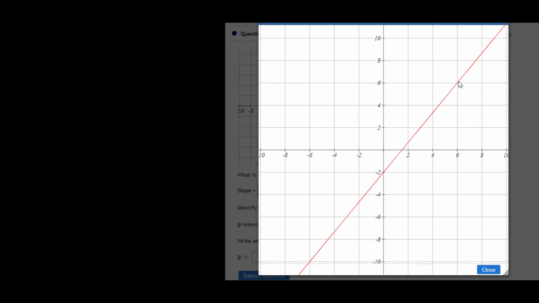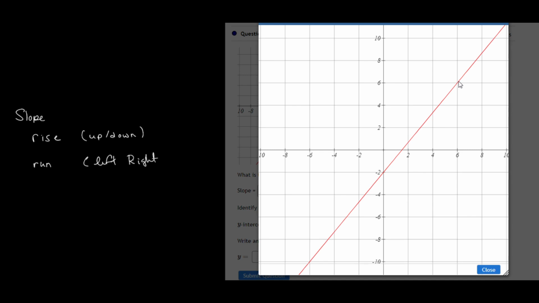Now, what is slope? Slope is the rise, which is your up or down, over the run, which is your movement left to right.